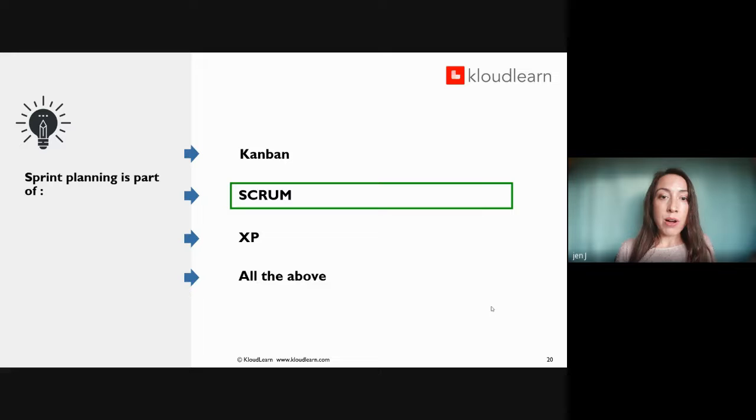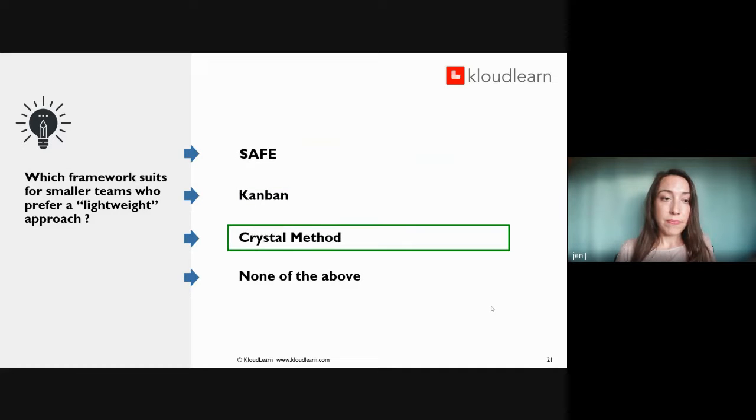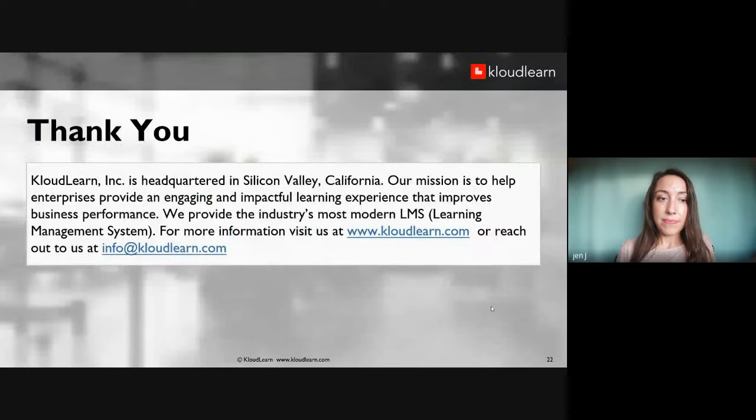Sprint planning is part of Kanban, Scrum, XP, or all of the above. Sprint planning is part of the Scrum process. Which framework suits smaller teams who prefer a lightweight approach? SAFe, Kanban, or Crystal method, or none of the above? The answer is Crystal. Thank you.